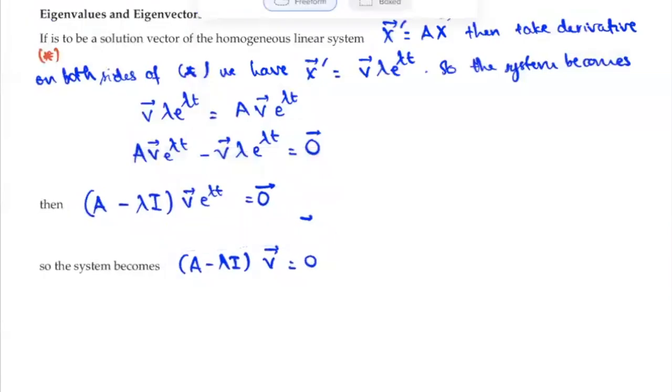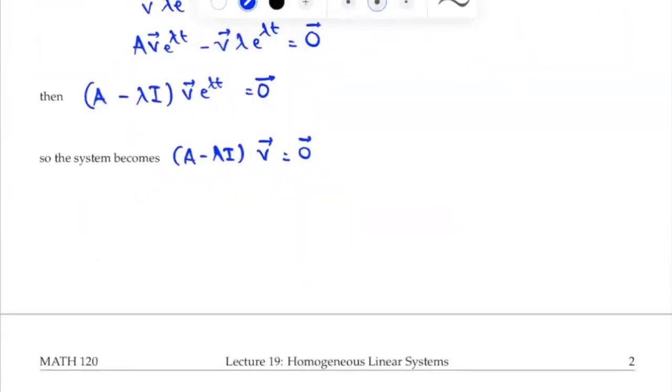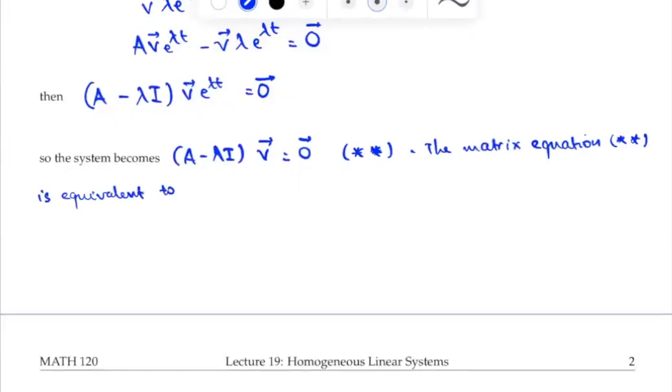So the system becomes, let me organize things a little bit here. This equation, I call equation 2 star. So we say that the matrix equation 2 star is equivalent to the algebraic equations.